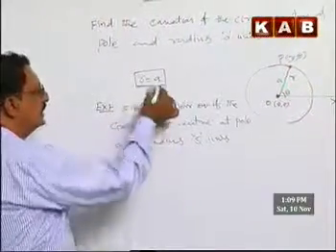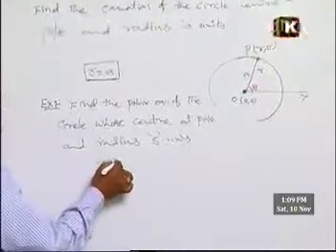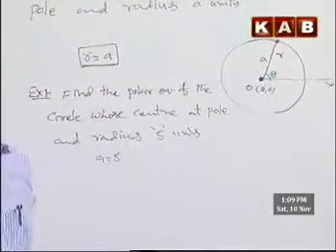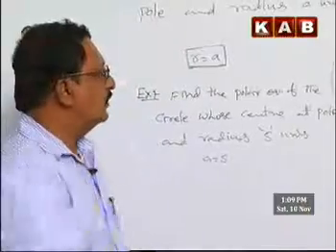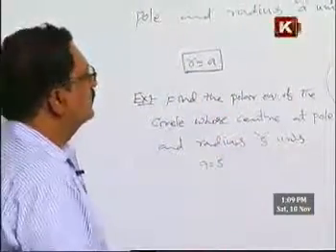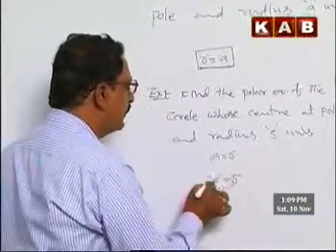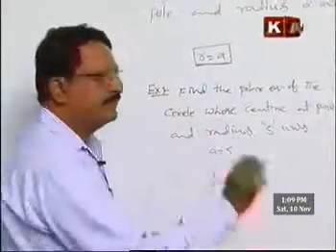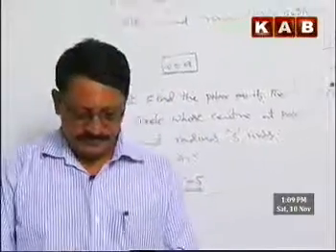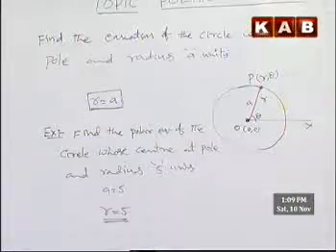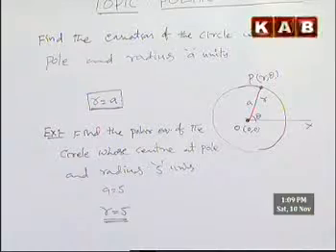Here A equals the given 5 units, the radius of the circle, with center at pole, which is nothing but the origin. Then the equation of the circle is r equals to 5. That is the answer. Next problem.